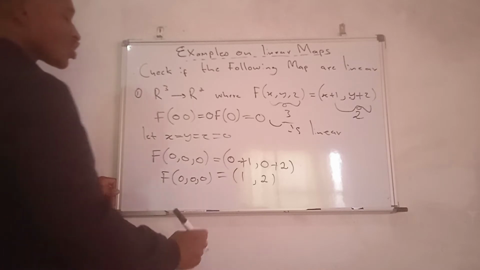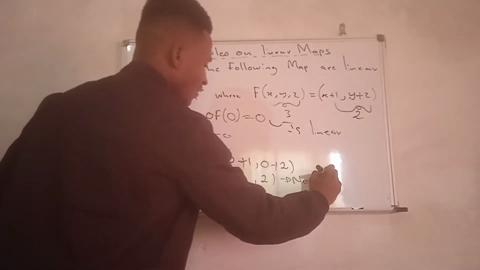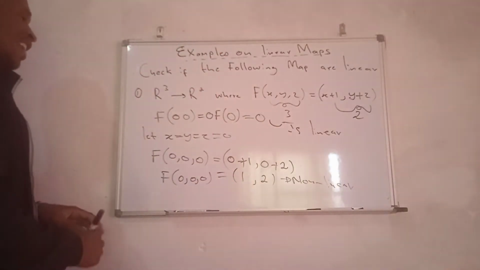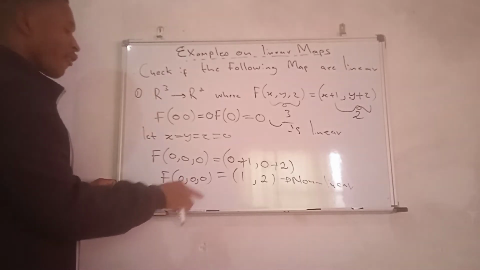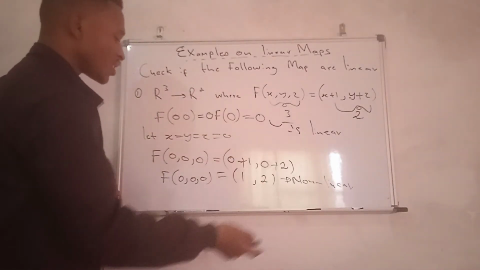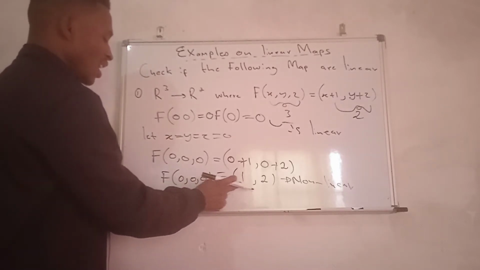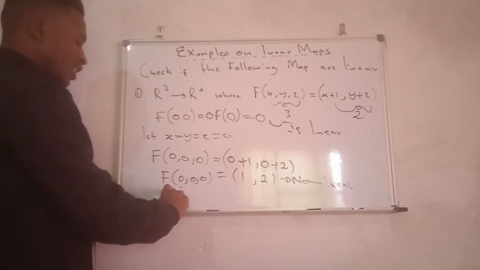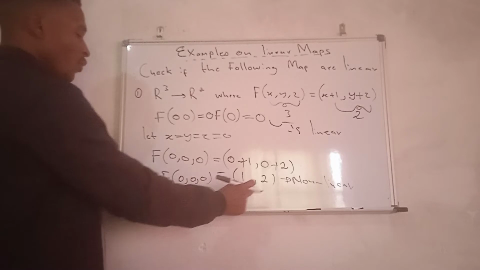Therefore, this is non-linear. This map is non-linear because it doesn't map the 0 vector to 0. For it to be linear, there was supposed to be 0 and 0, so that it shows that it maps the 0 vector to 0.